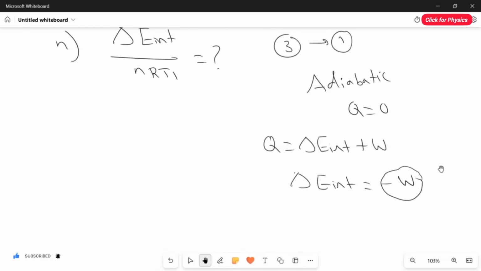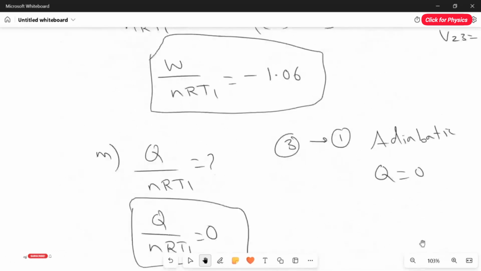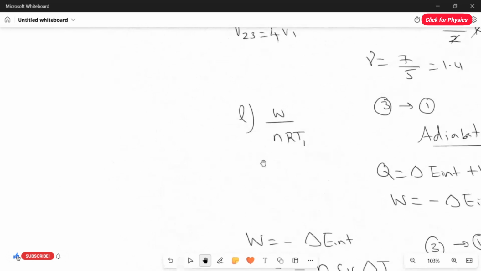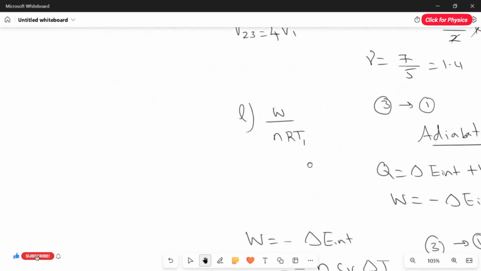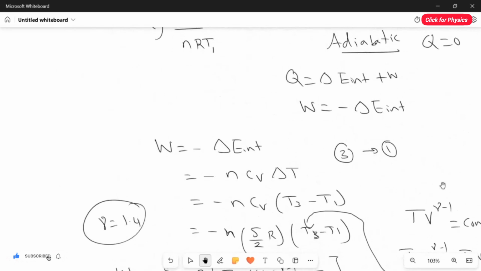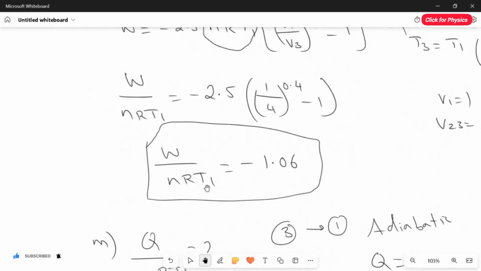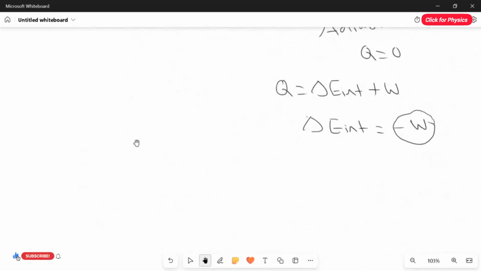Now you can see this negative of work done for path 3 to 1. We already got the answer in the first question. What is the first question? L part. So for work done, we already got the answer here as W over nRT1 equal to minus 1.06. We can take this value here because both paths are the same.